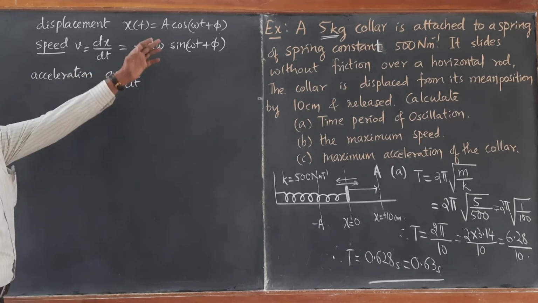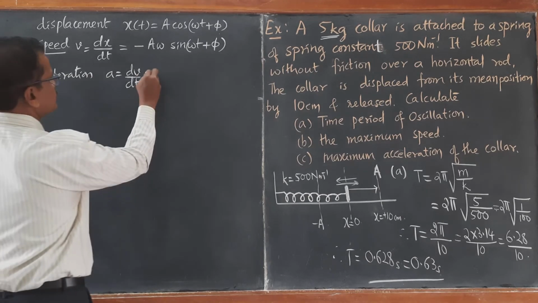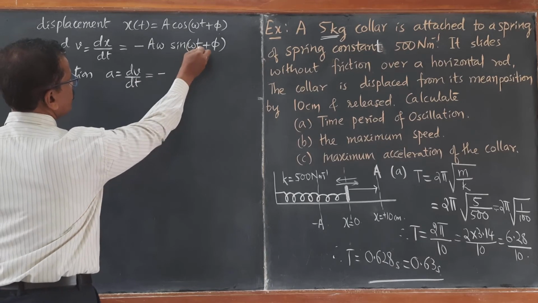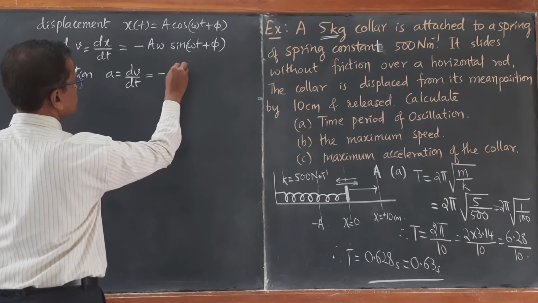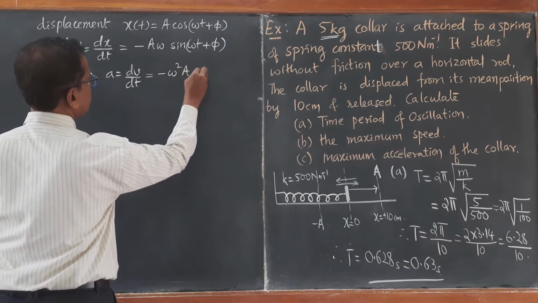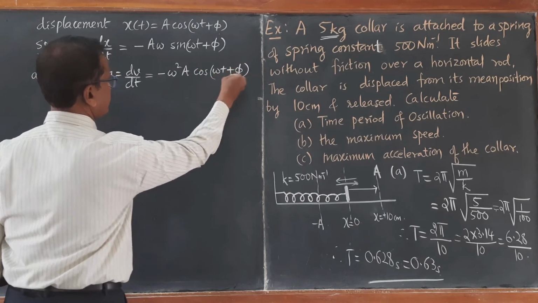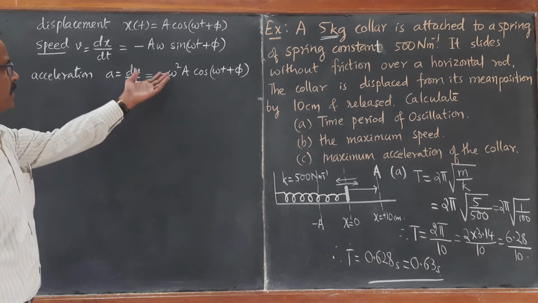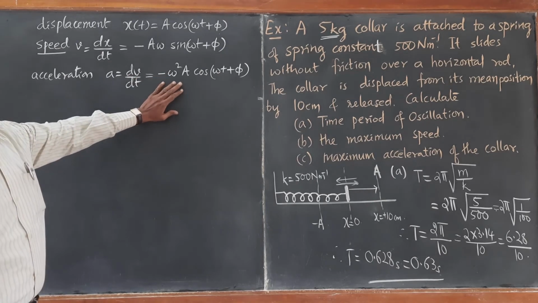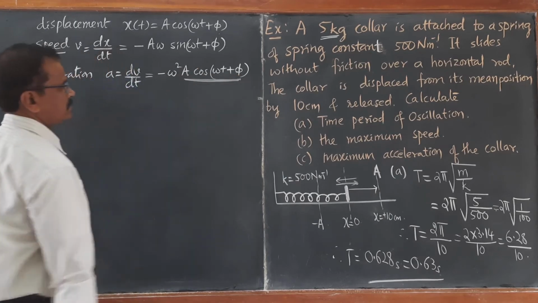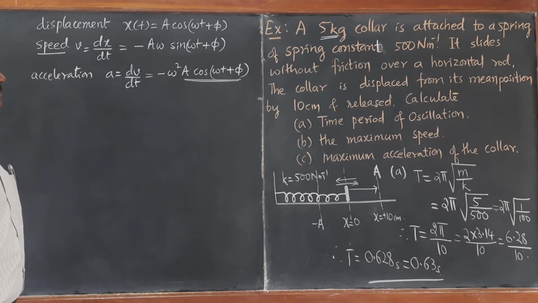Two-time differentiation of displacement gives us acceleration. So if you differentiate this once again, it becomes minus omega squared A cos(omega t plus phi). We have done this already, just for revision I am carrying it out once again. So this is nothing but the displacement x.